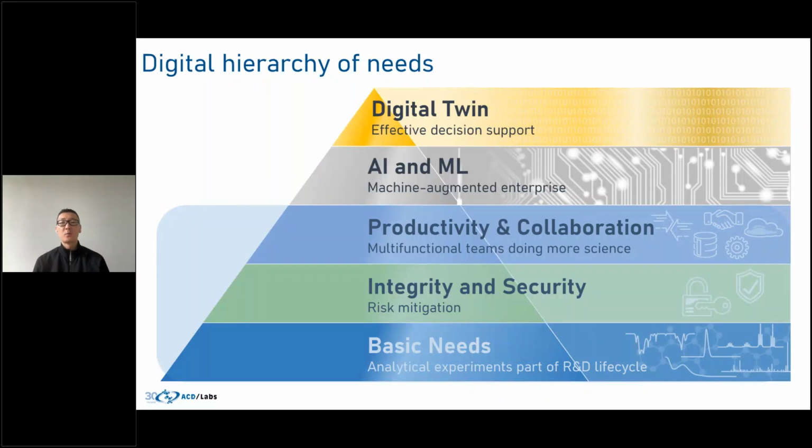So ACD/Labs, we actually play in the foundational layer. We provide the basic technology that will allow for data to be consumed, but also engineer and reformat that data to be used further downstream. So that's where we live.